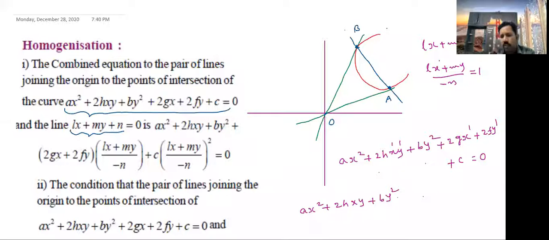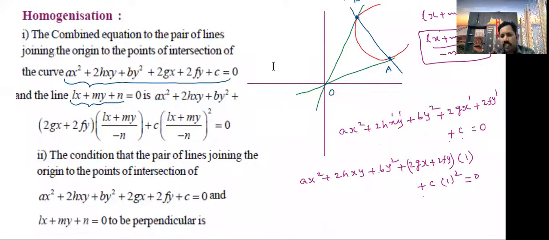Here 2gx, 2fy, what is the degree? Only 1. We need degree 2, that's why we multiply by 1. And plus c, here the degree is 0, we need degree 2, that's why I write 1 square. In place of 1, substitute this value.